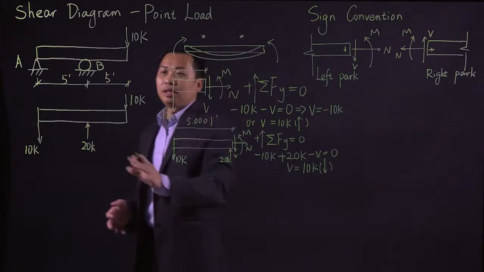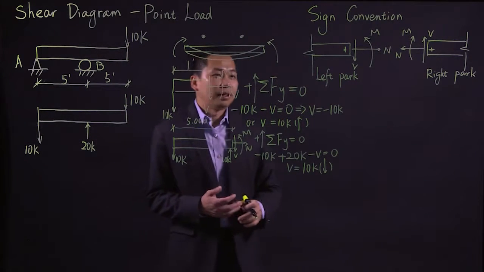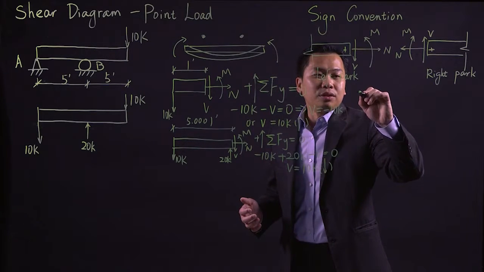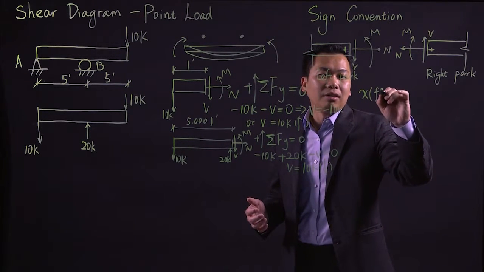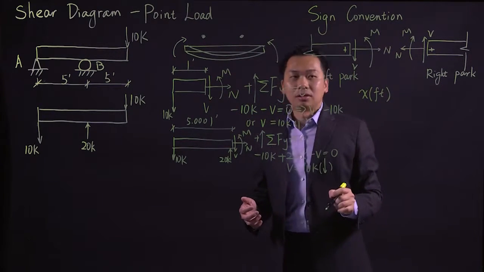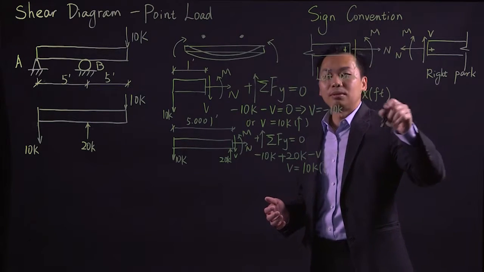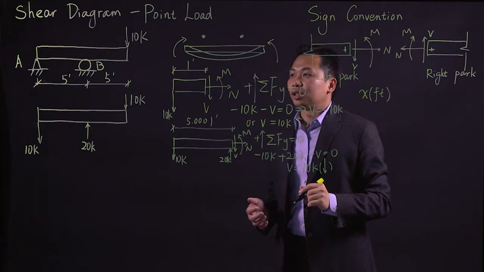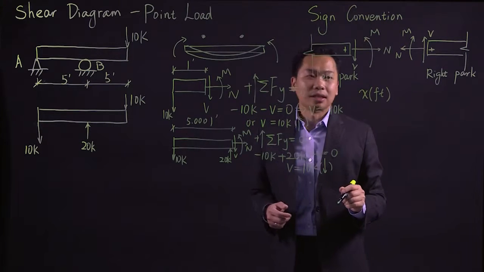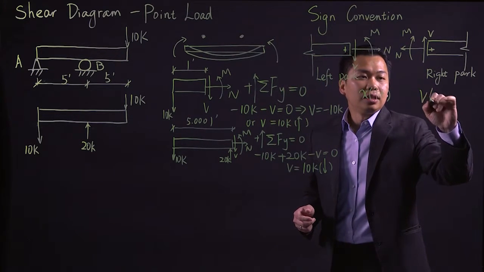And we can do this the whole day. Because of the time, I did all the calculations for you, so I'm going to list them in a table. This x is starting from point A to the right side, and here is our shear.